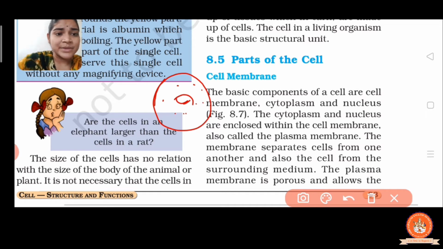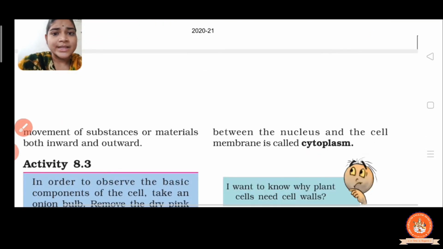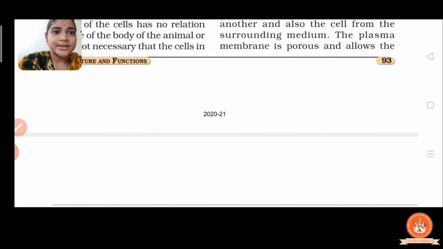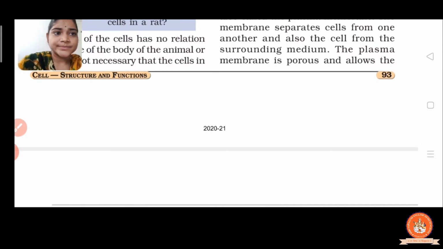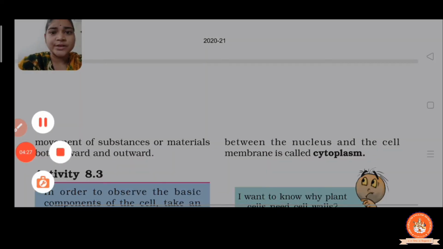And the plasma membrane is porous and allows the movement of substances or materials in both inward and outward directions. So the cell membrane has pores, holes which allow the movement of substances both inward and outward.